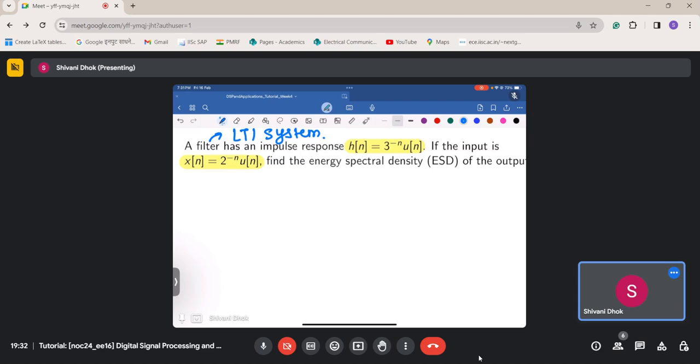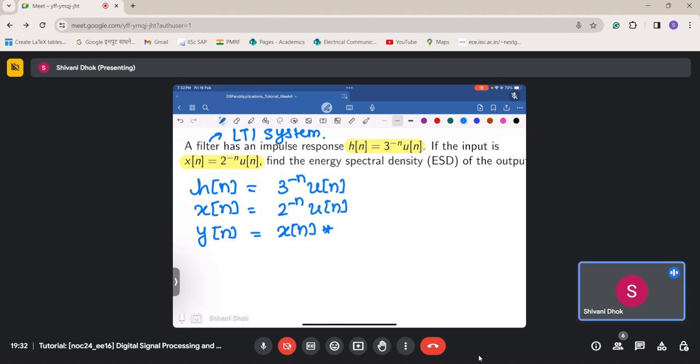So this LTI system has impulse response h(n) as 3^(-n) u(n), and the input to this system is x(n), equal to 2^(-n) u(n), and y(n) is equal to x(n) convolved with h(n).